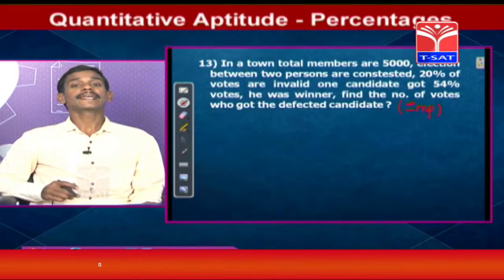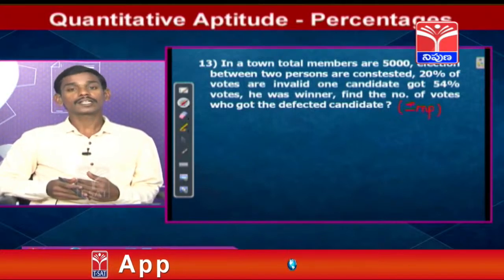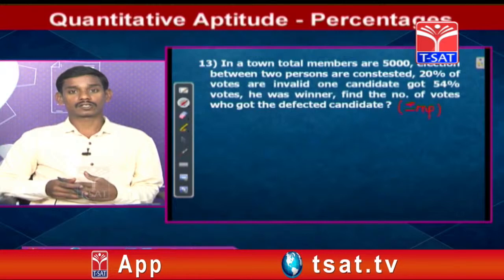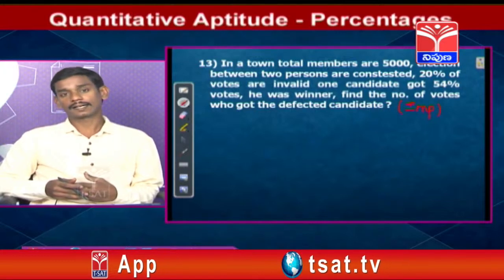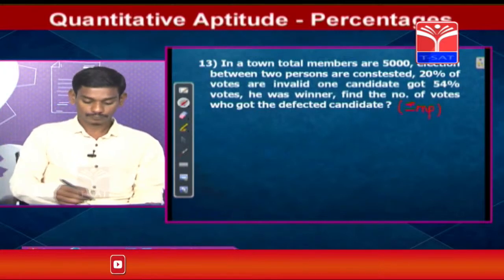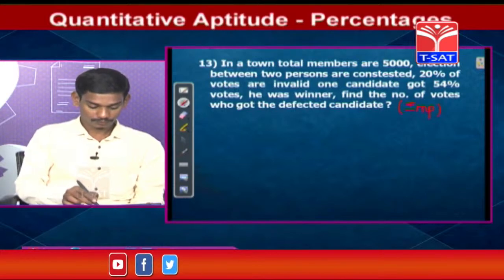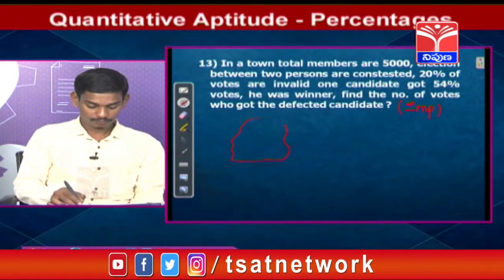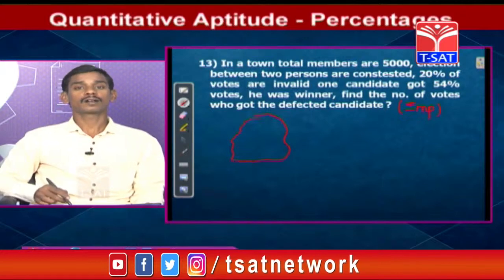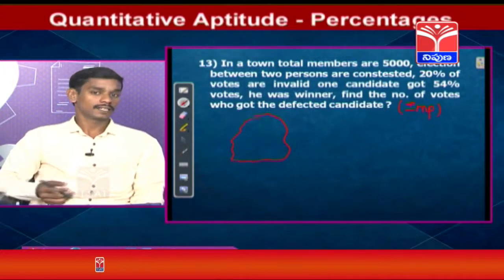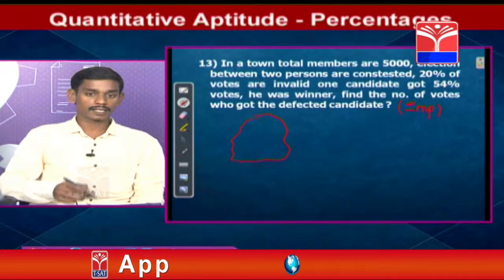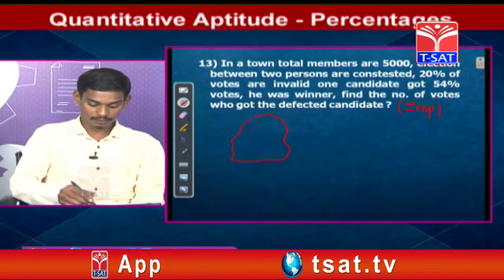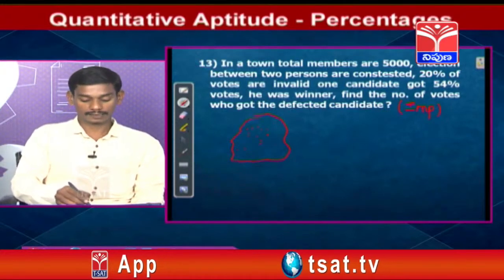So here in a town, total number of members is 5000. Okay, for example, take any one town. This is the one town or one village. In this, total how many members are there in that village? These are people, just think like that.